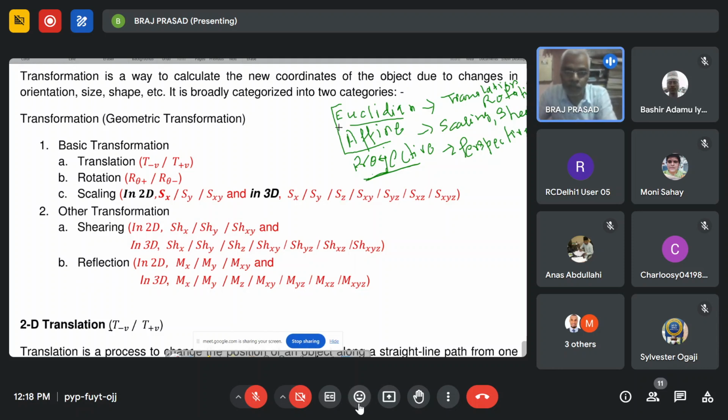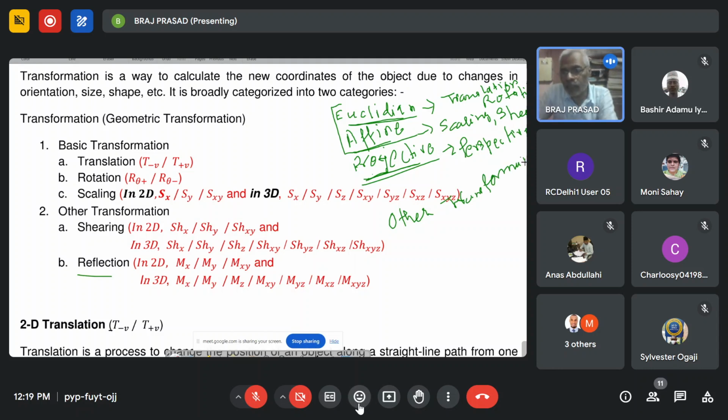So in image processing, there are four categories. First is called Euclidean transformation, second is affine transformation, third is projective transformation, and fourth one is other transformation. In other transformation, we will learn about the reflection.